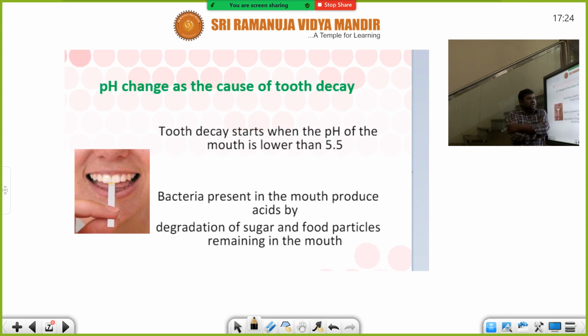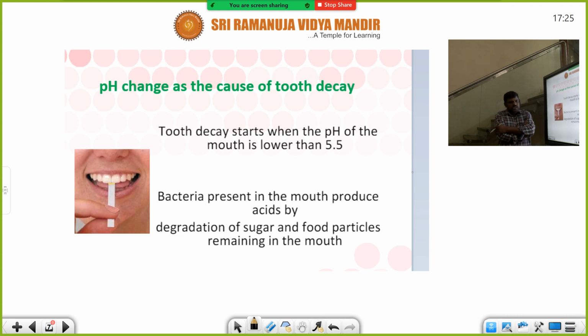pH change as the cause of tooth decay. Tooth decay starts when the pH of the mouth is lower than 5.5. Generally, bacteria present in the mouth produce acids by degradation of sugar and food particles remaining in the mouth.